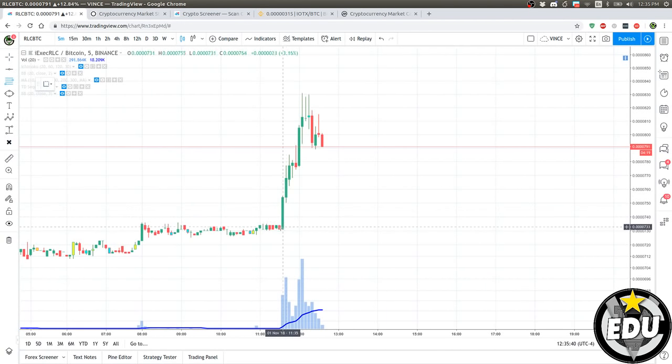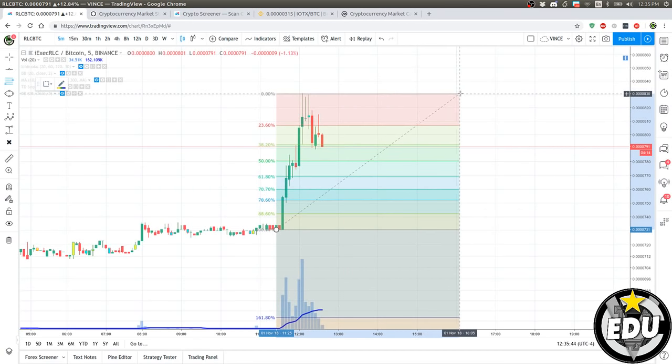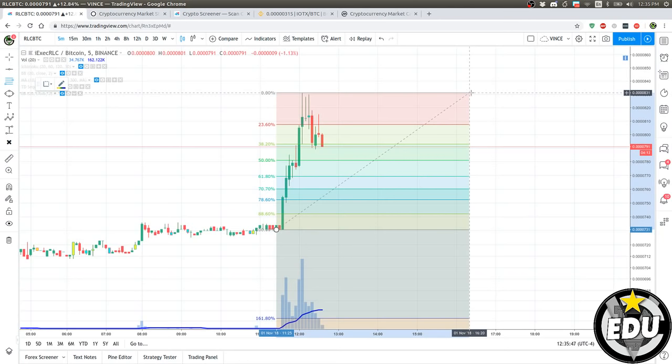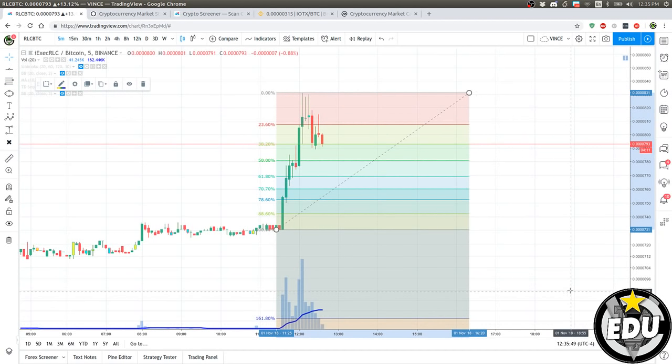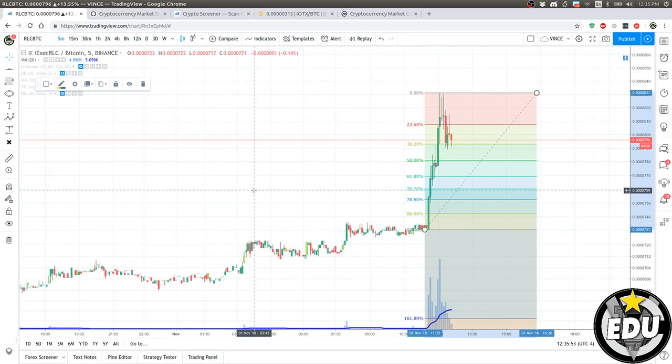Again, people should be discouraged from jumping into these massive green candles. You can see in the middle of your chart there, it did pause, but you don't want to jump in on a pause like that because it's too high risk.